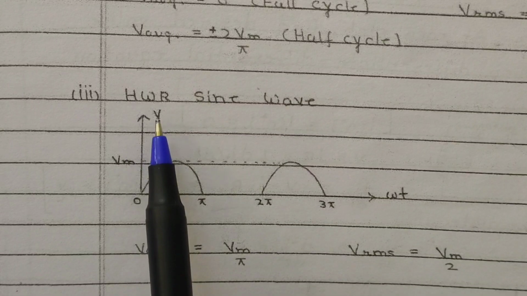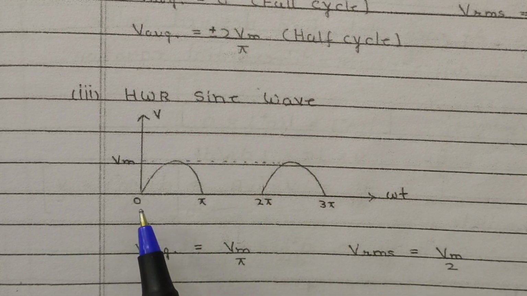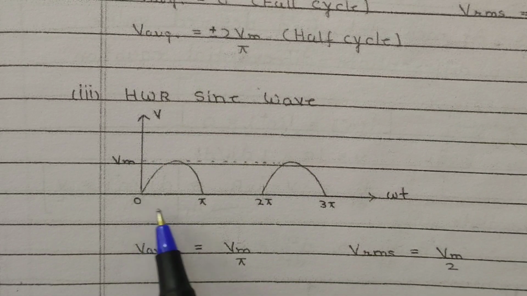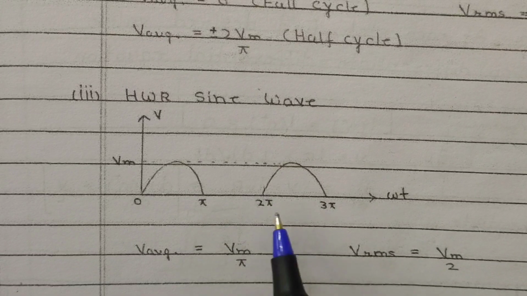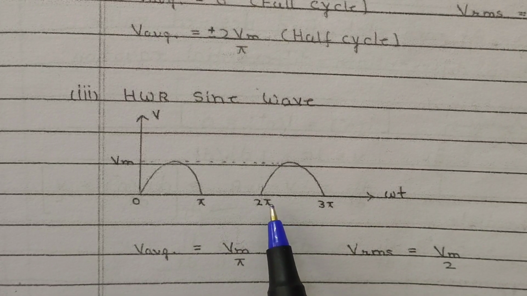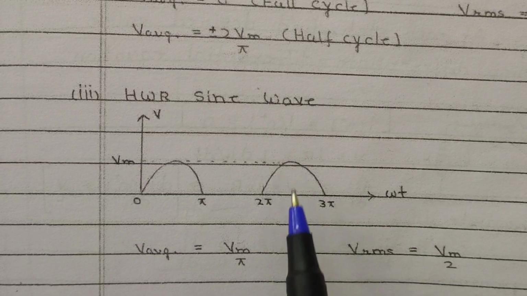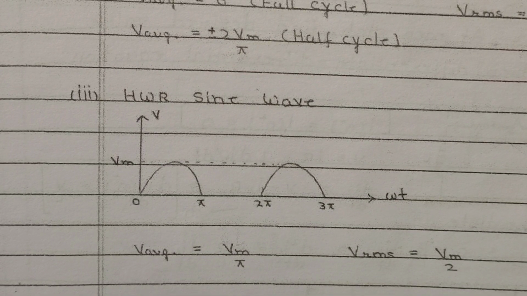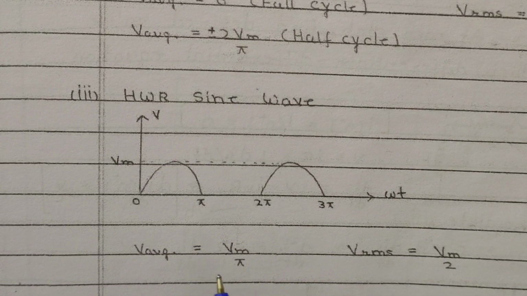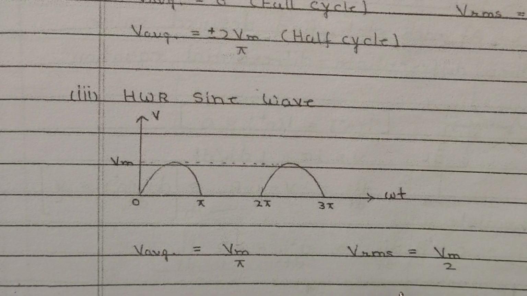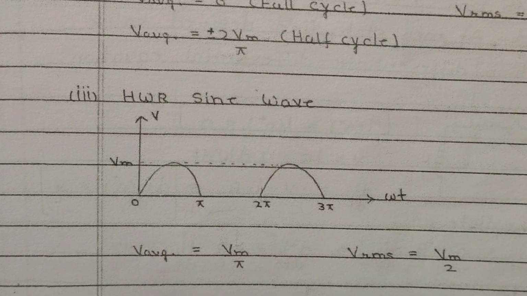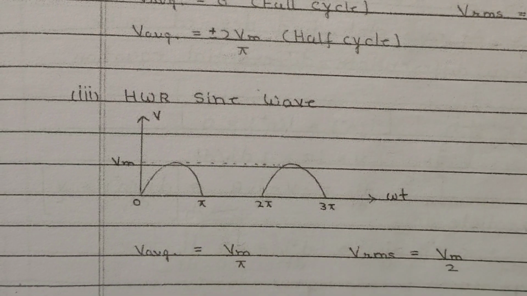This is the half wave rectifier sine wave. In this, the waveform will be from 0 to pi, from pi to 2 pi it will be 0, and from 2 pi to 3 pi it will give the maximum value. For this, the average value is Vm by pi and the RMS value is Vm by 2. This is also known as the half wave rectifier sine wave.